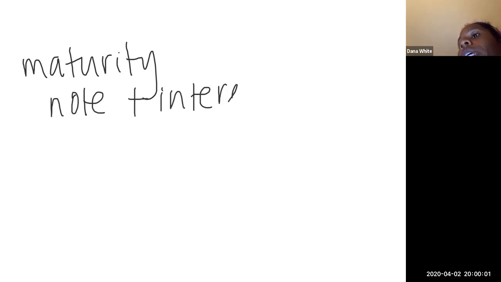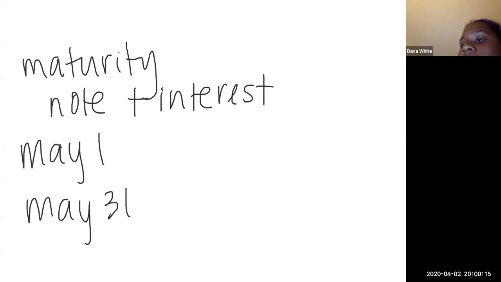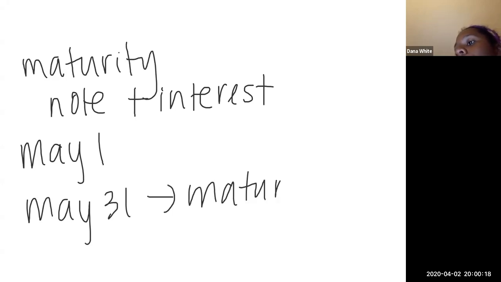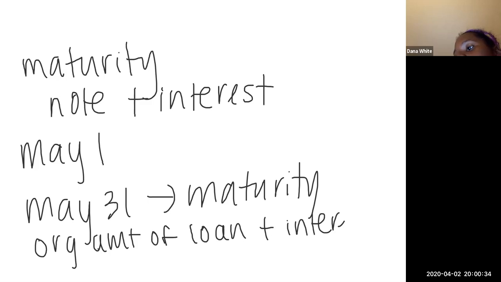For instance, you take out a loan on May 1st, and you're saying in 30 days I promise to pay. So May 31st is considered maturity of that particular loan. What's due when you pay that loan is the original amount of the loan plus the interest on that loan.